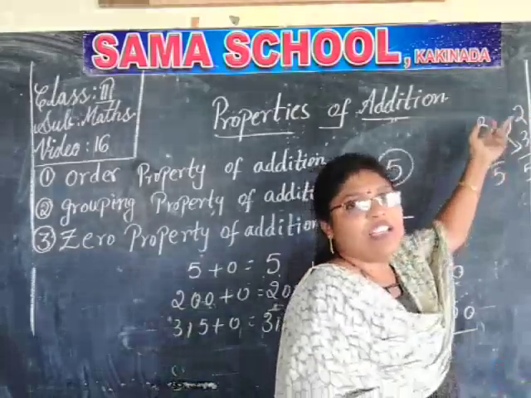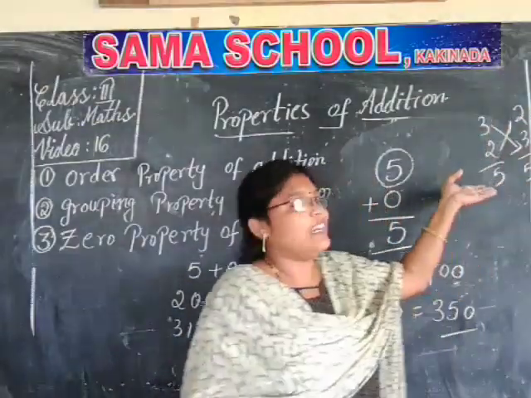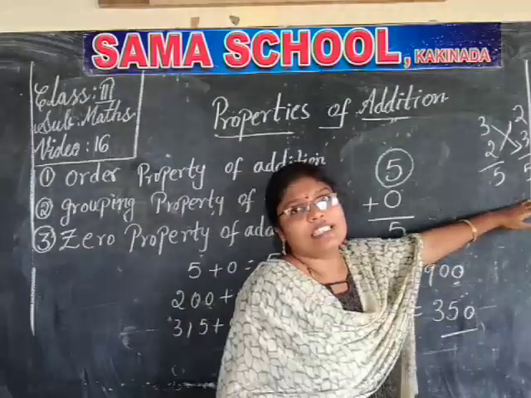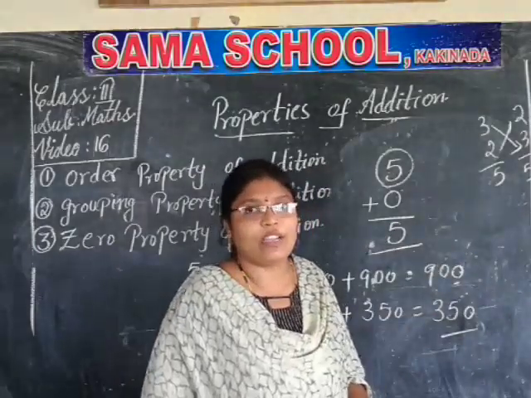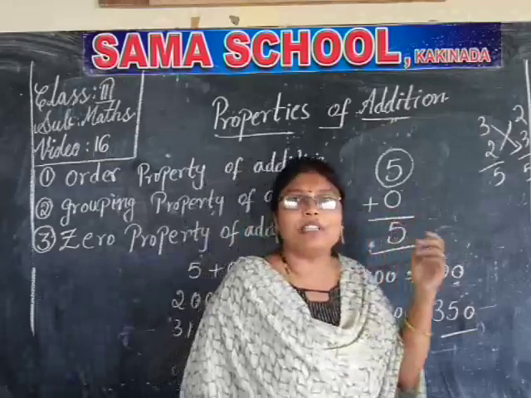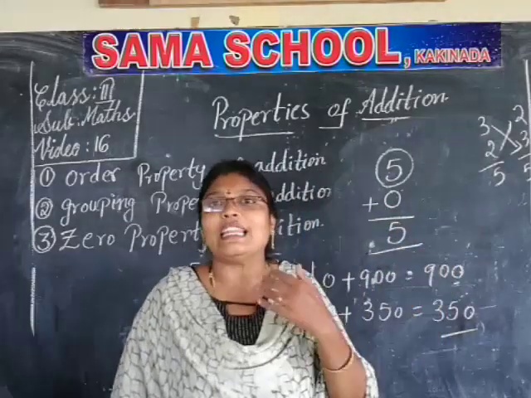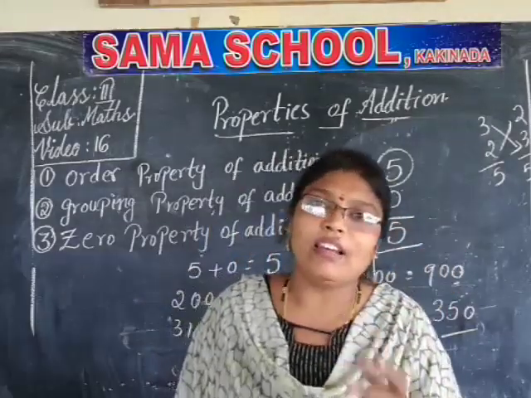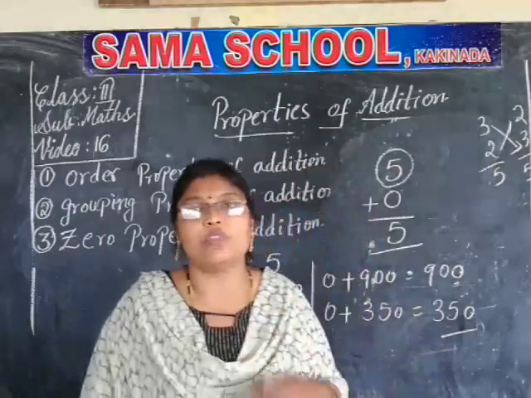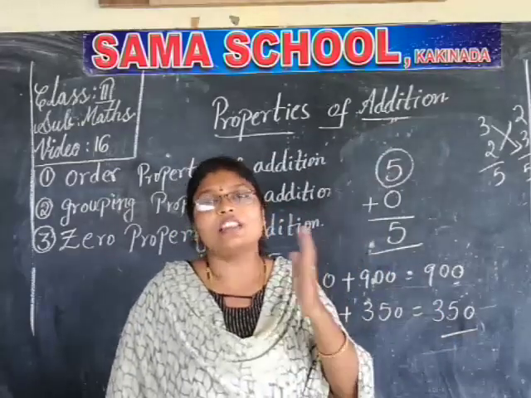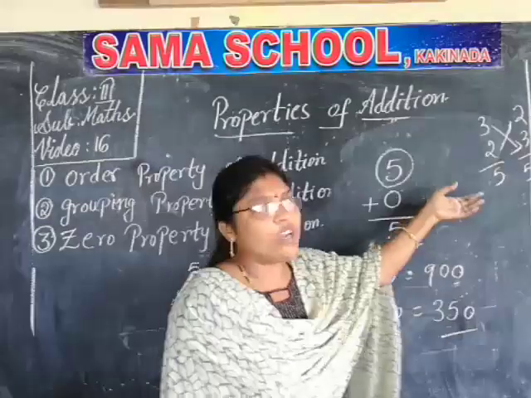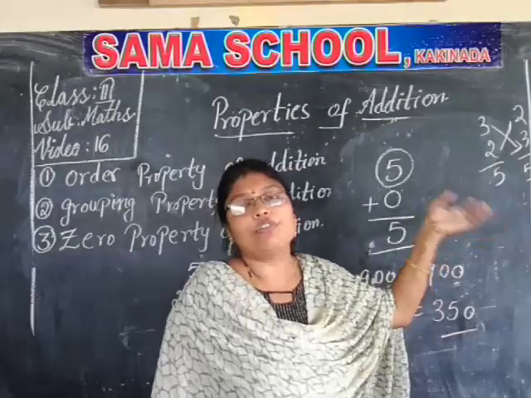We have changed the order of addends, but we got the same sum, 5 and 5. This property means we can add the numbers in any order. That is called order property of addition.